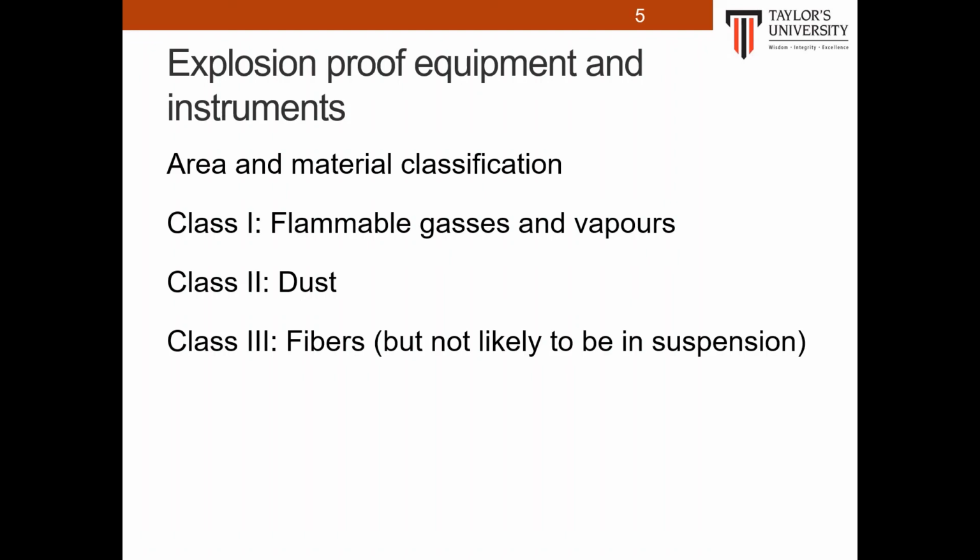The rating method includes Class 1, Class 2, Class 3, Group A to G, and Divisions 1 or 2. As shown in these slides, Class 1 means flammable gases and vapors, Class 2 is for dust, and Class 3 is for fibers, but not likely to be in suspension. They also group it, like Group A is acetylene, Group B is hydrogen and ethylene, Group C is carbon monoxide, etc.